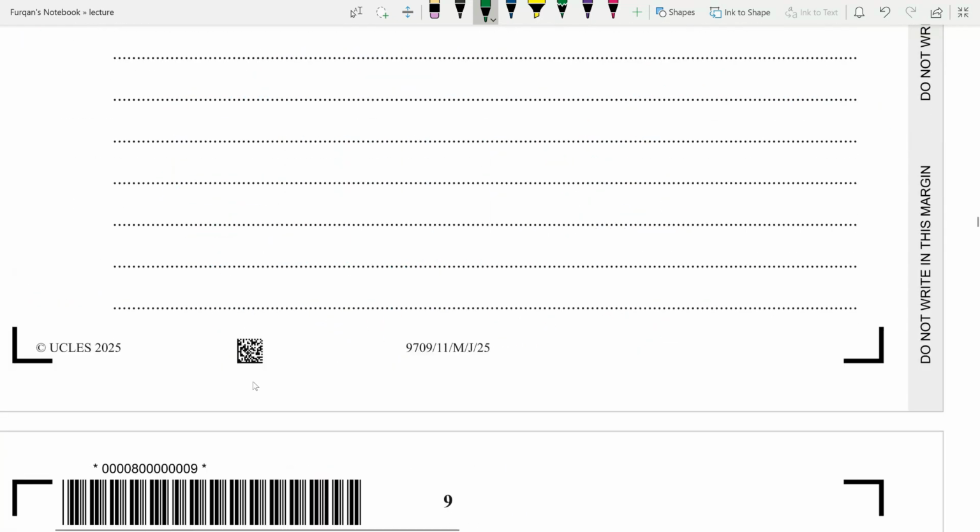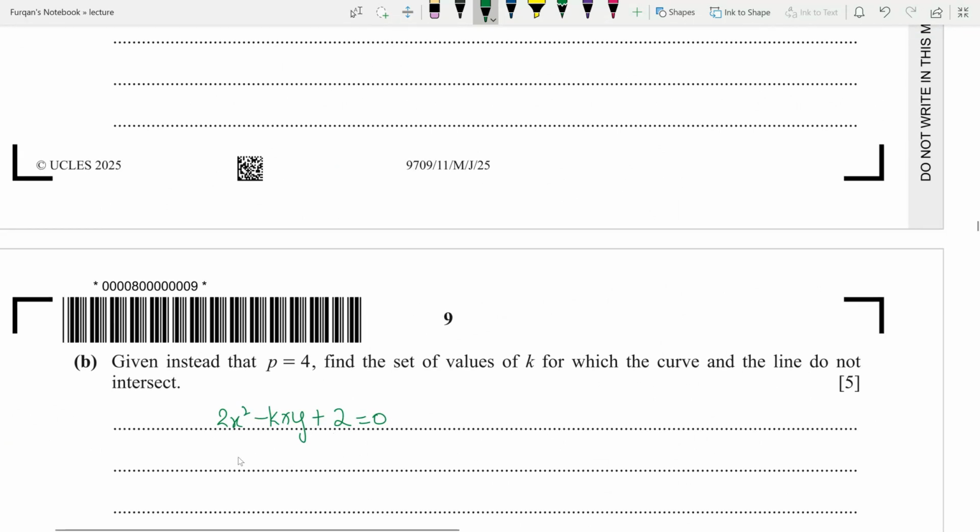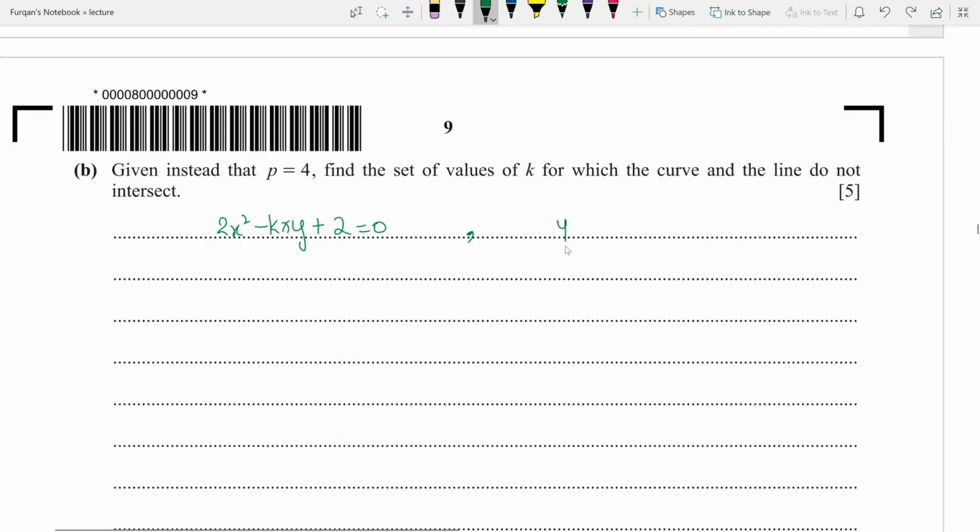The curve equation is 2x squared minus kxy plus 2 equal to 0, and the line equation is y equal to px plus 3. It is given that p is equal to 4, so y is equal to 4x plus 3. And for what values of k do the curve and line not intersect?